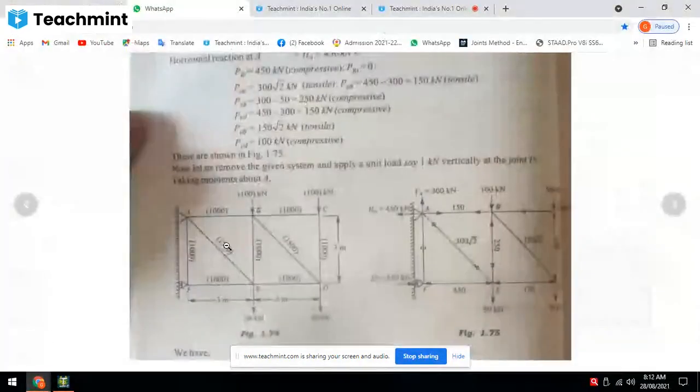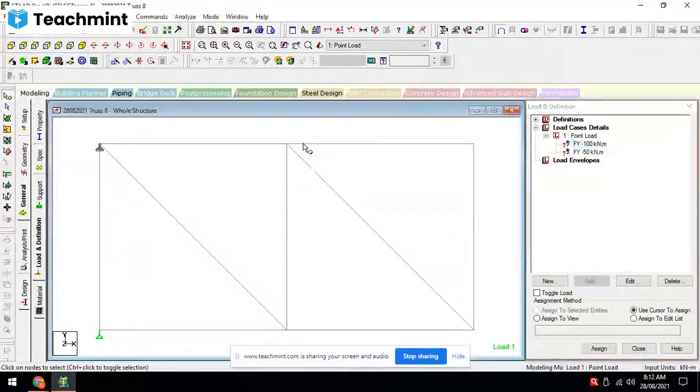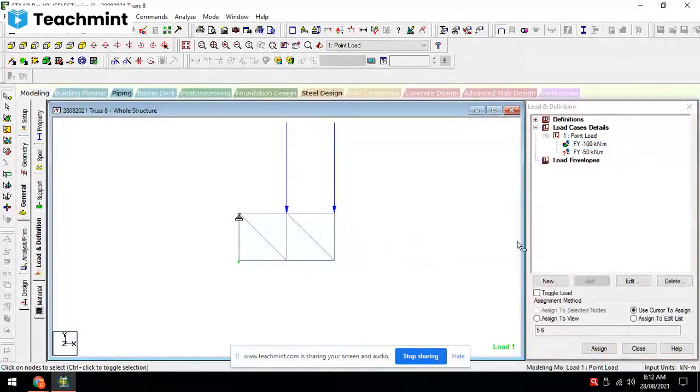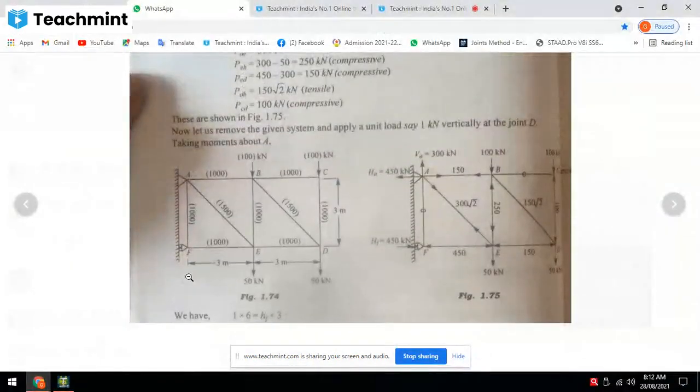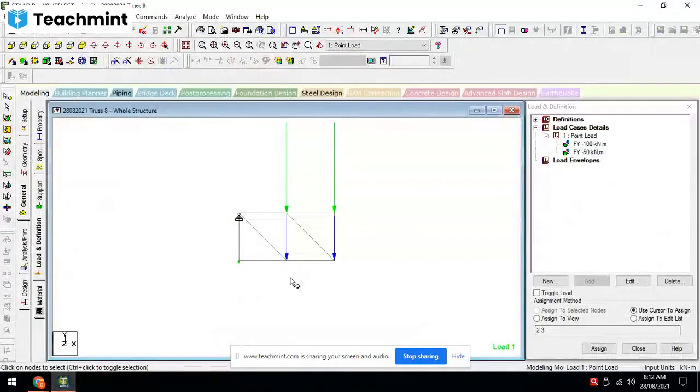So 100 kilonewton and 50 kilonewton are applied. 100 kilonewton is applied at this end, and 50 kilonewton load is applied here. Okay. Is it understood, all of you? Yes, sir. Okay.